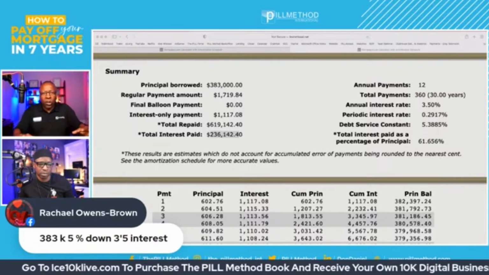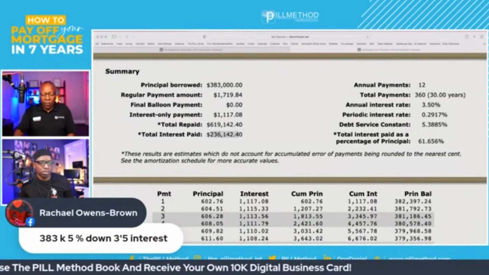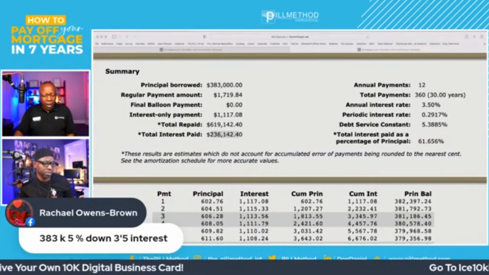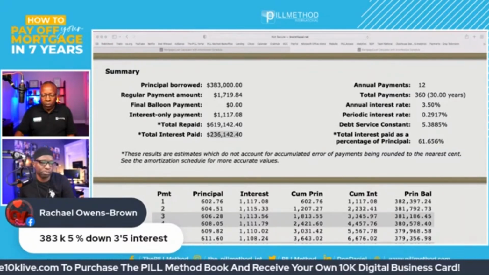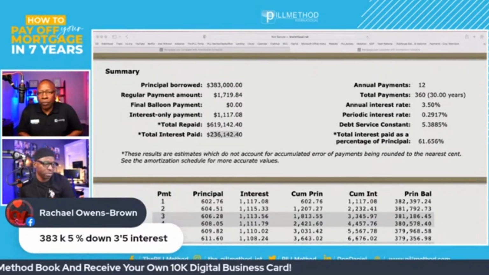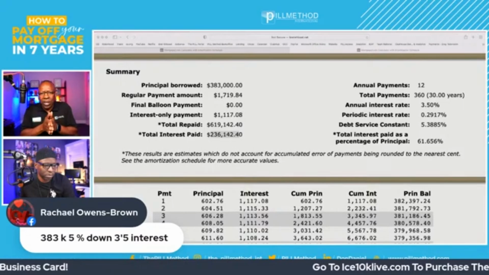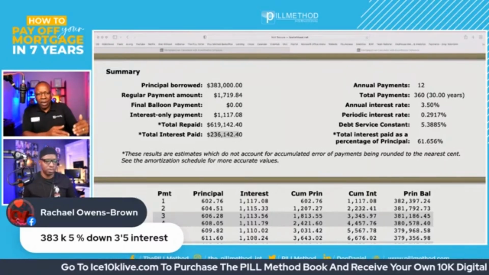We can add all of those loans in, and everything can be paid off in an average of 7 to 9 years, because the interest that the bank wants, $236,000, let's say we can reduce that down to about 78,000 instead. These are just averages. What if we could get that thing down to under $80,000 in interest paid to acquire the same asset?